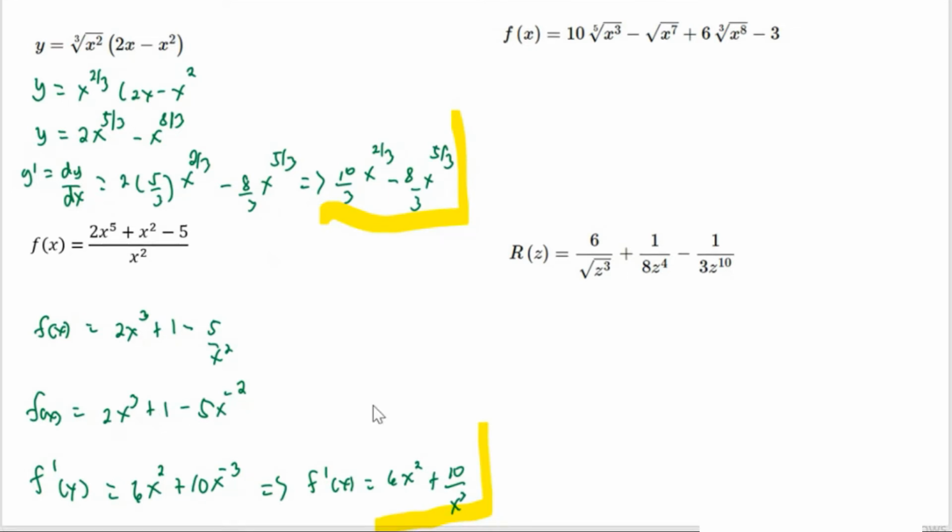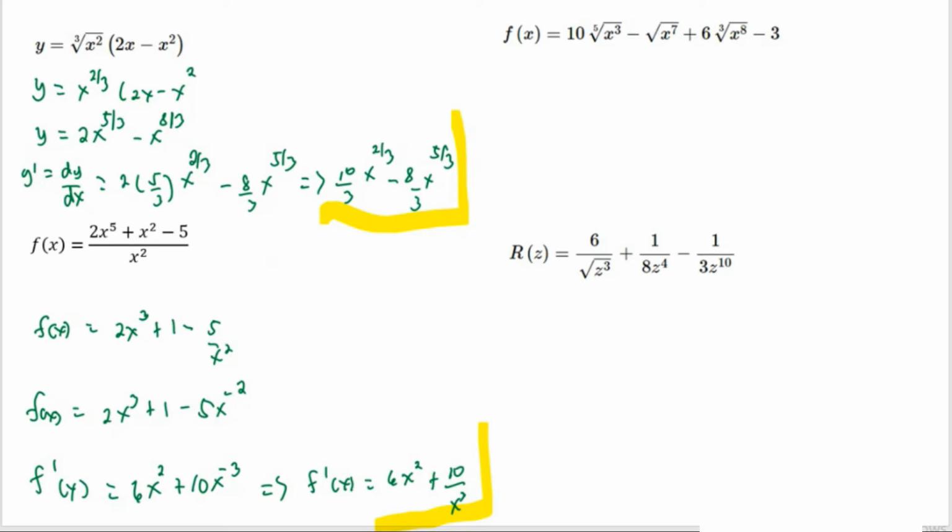Now for the next number, we have f of x is equal to 10 times the fifth root of x cubed minus x raised to 7 minus the square root of x raised to 7 plus 6 times the cube root of x raised to 8 minus 3. So first thing, we are going to rewrite the given in terms of fractional exponent.